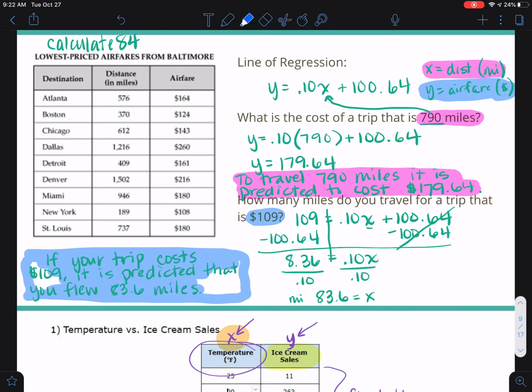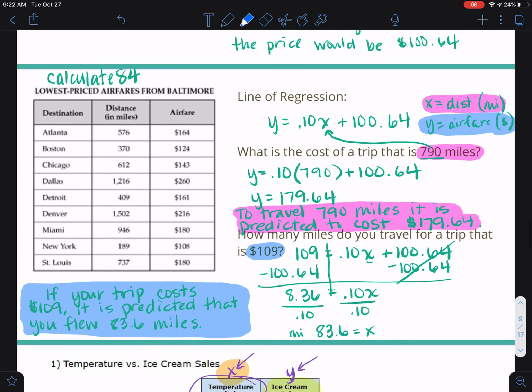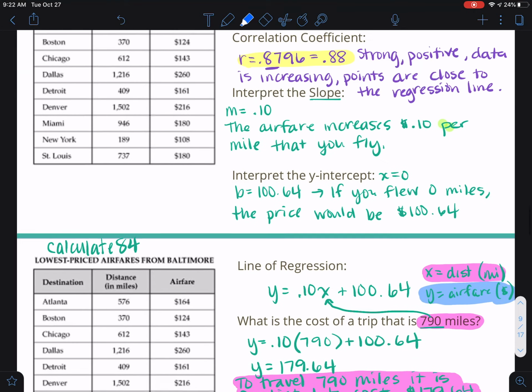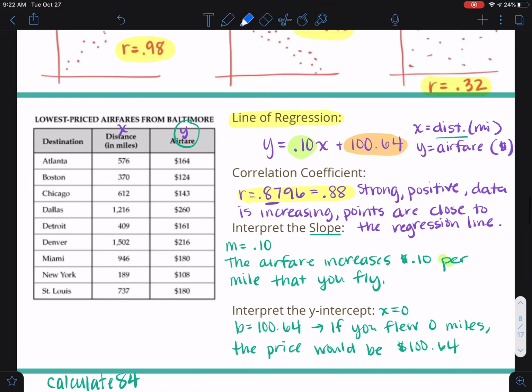Make sure every time you make a prediction, you interpret what it means. That covers everything you need to know about linear regression. Make sure you know how to find the line of regression using Desmos. Make sure you know what the correlation coefficient is and how to tell if it's strong or weak, increasing or decreasing.